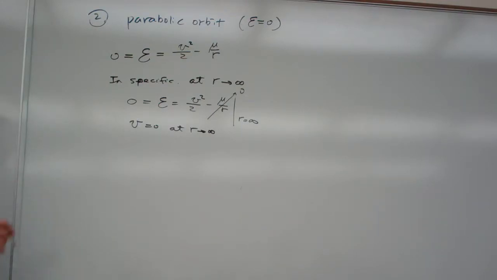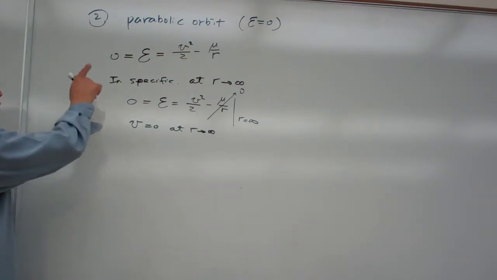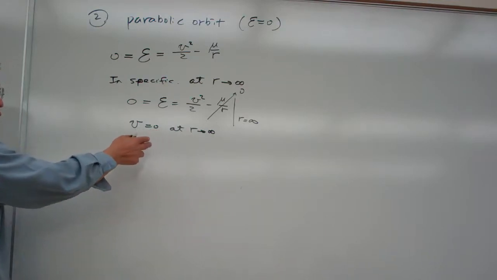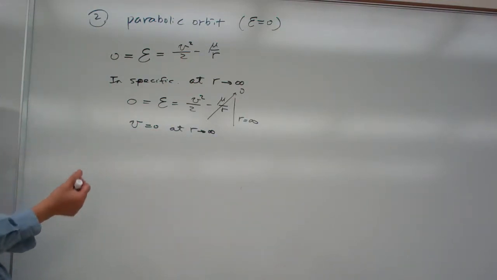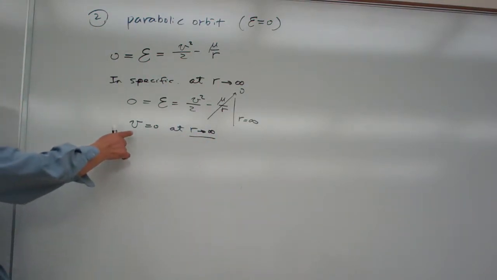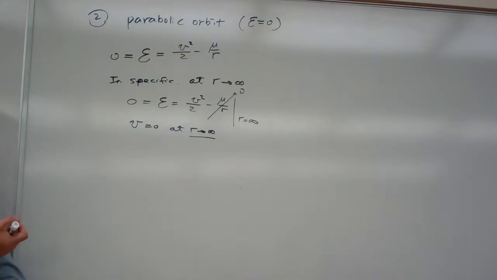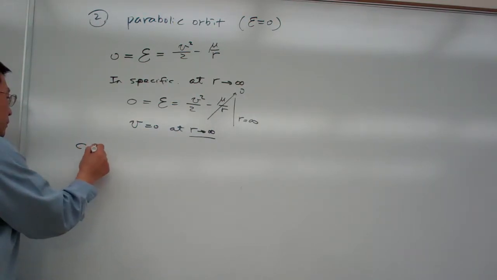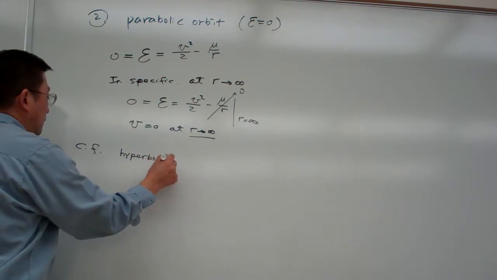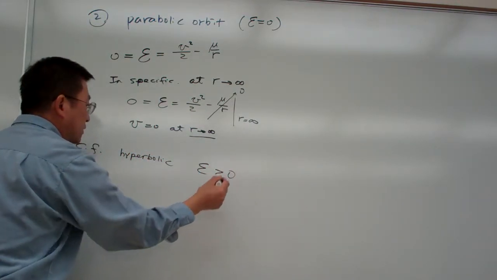So that is a special property. We simply define the parabolic orbit in such a way that its mechanical energy has this property: when this device or object is very far away from whatever the coordinate system is, then its velocity simply becomes 0. Compared to hyperbolic, its mechanical energy is greater than 0.